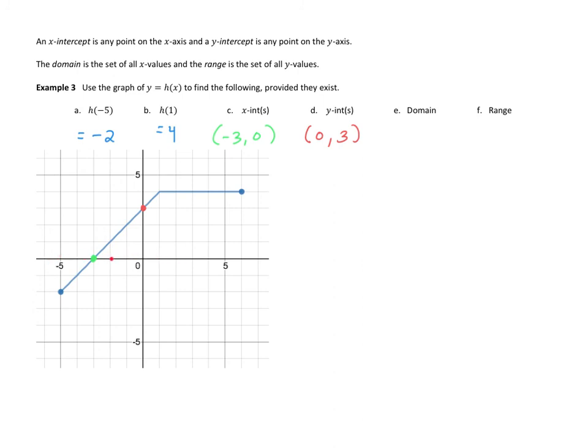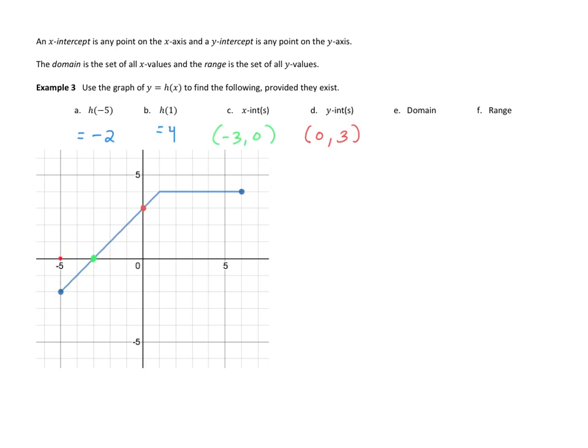So like over here, if you go a little past -5, maybe to -6, if you look up or down, there are no y values there. So that means -6 is not in the domain of the function because there's no graph above or below it. The first time you actually get a point on the graph is when you're at -5. This means that -5 is in the domain of your function because you get this corresponding y value.